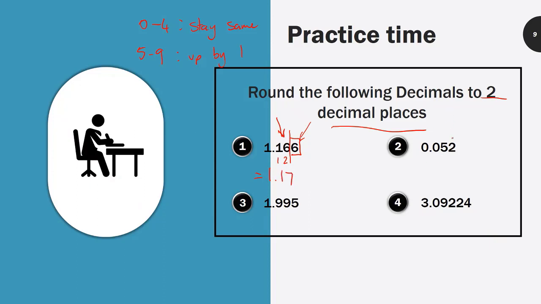Number 2, once again, I draw my line after the second decimal place because all of these are going to 2 decimal places. My critical digit this time is a 2, so that means it's between 0 and 4, okay? So that means that my number on the left of the line stays the same, all right? So my answer there is just 0.05.